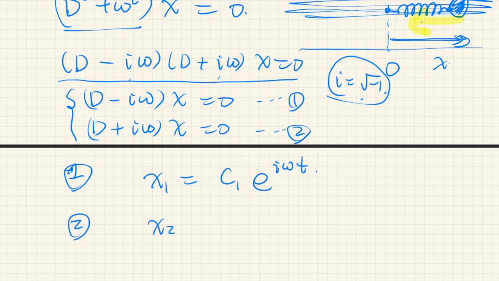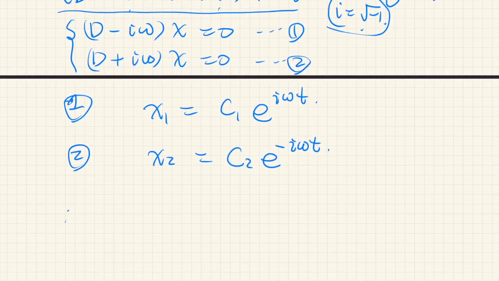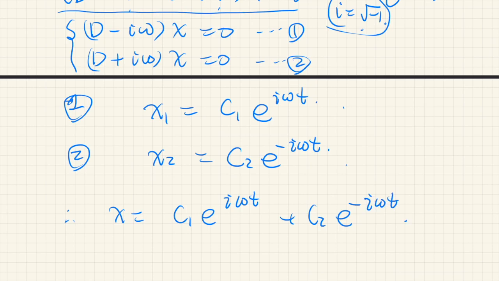From the second we have the solution c2, which is a constant, times exponential of negative i omega t. Therefore, the solution is the linear combination of these two: c1 exponential of i omega t plus c2 exponential of negative i omega t. So that's the solution.